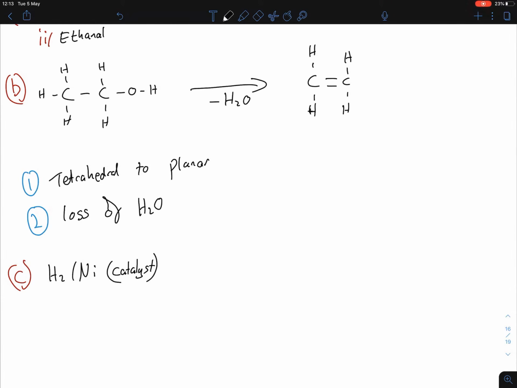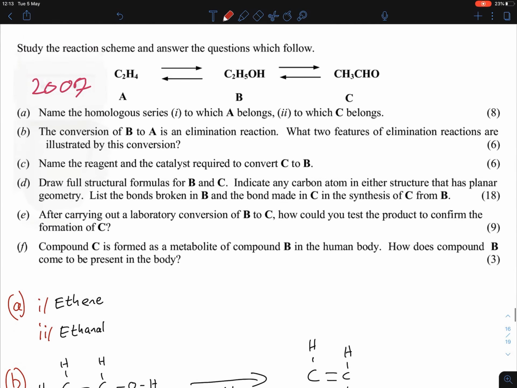Let's look at D. Draw the full structures for B and C. Indicate any carbon that has a planar geometry and list the bonds broken in B and C in the synthesis of C from B. That's just a bit of a mouthful there, really, isn't it? So let's just draw B and C first and get that over and done with.